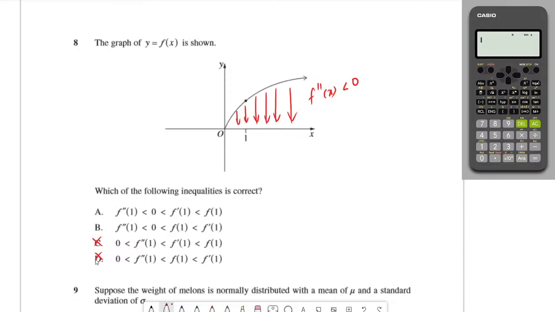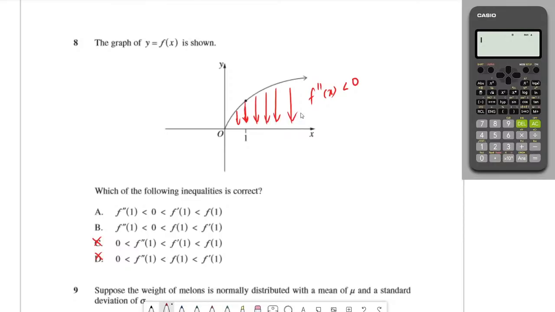Now we need to work out whether the first derivative is less than the function value, or the function value is less than the first derivative. Looking at this function, the function itself is growing, so the derivative is getting higher and higher the further we go up the function.